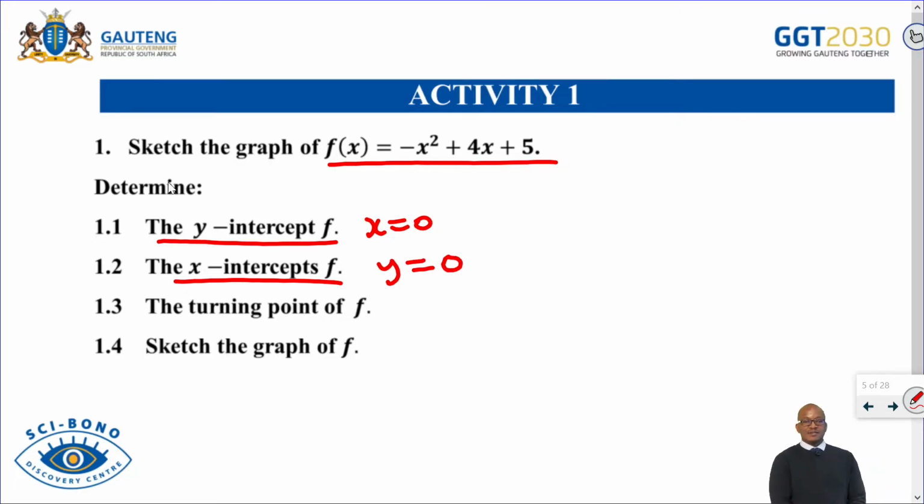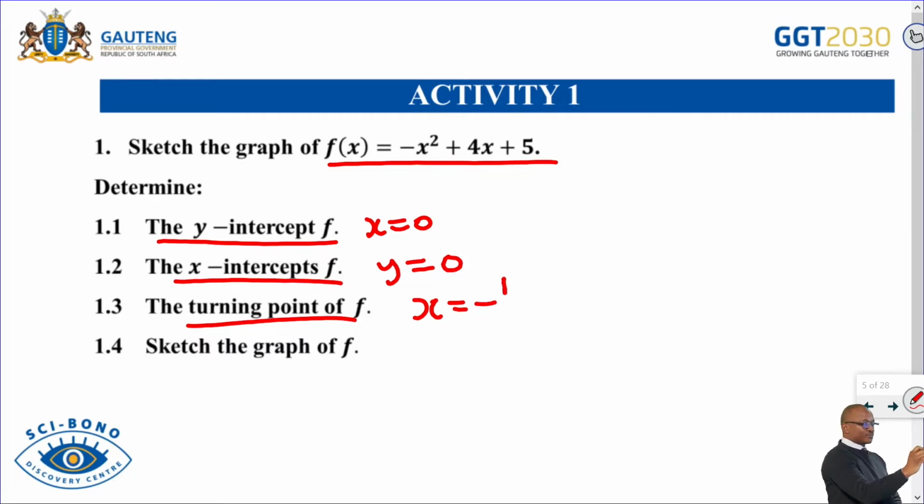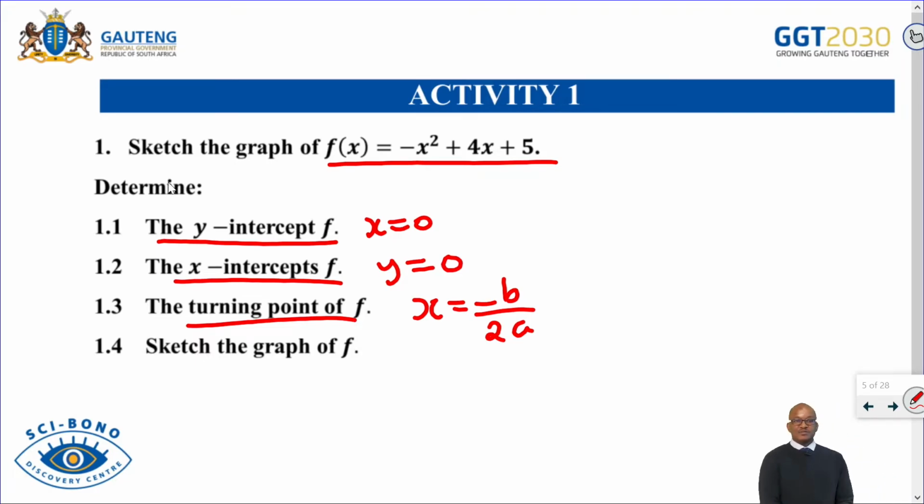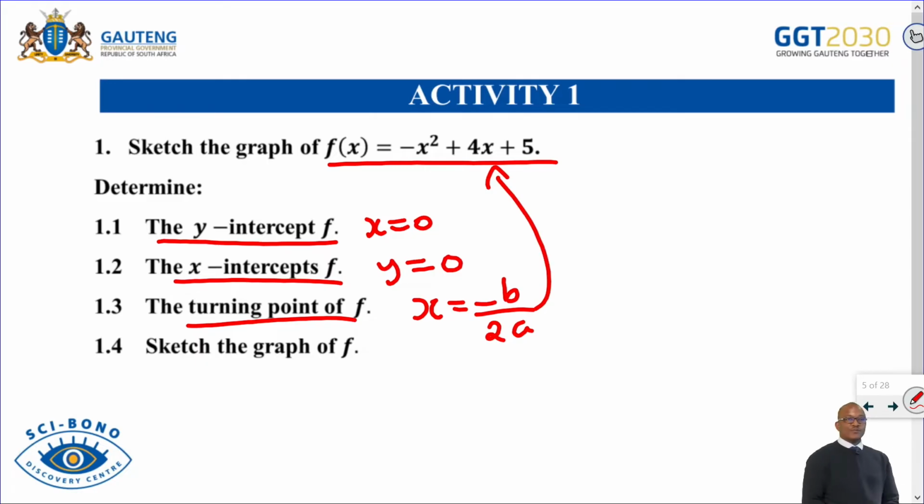And then step number 3, when we have to determine the turning point, firstly, you will use the formula that says x is equal to minus b over 2a, only when the standard form is given in the form of f of x is equal to negative x squared plus 4x plus 5. So finally, step number 4, that's where we are going to sketch our graph.